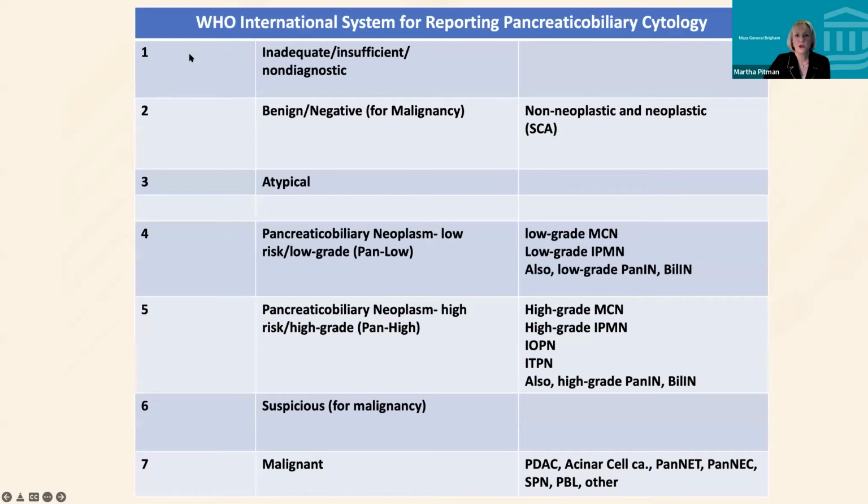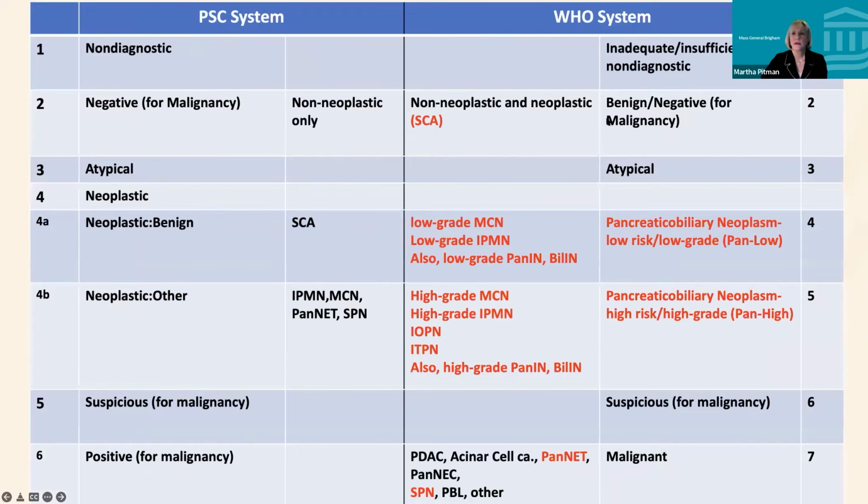So this is the WHO system that, let me just try to move this thing out of my way and I can't see it. So the PSC system and the WHO system are now side by side to show the differences between the two in red.